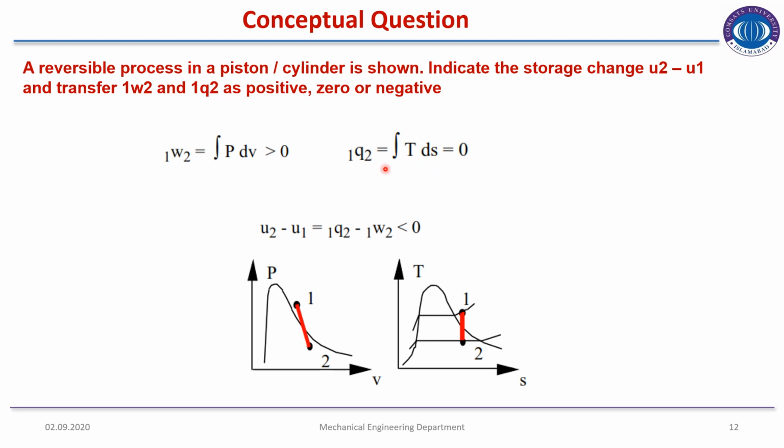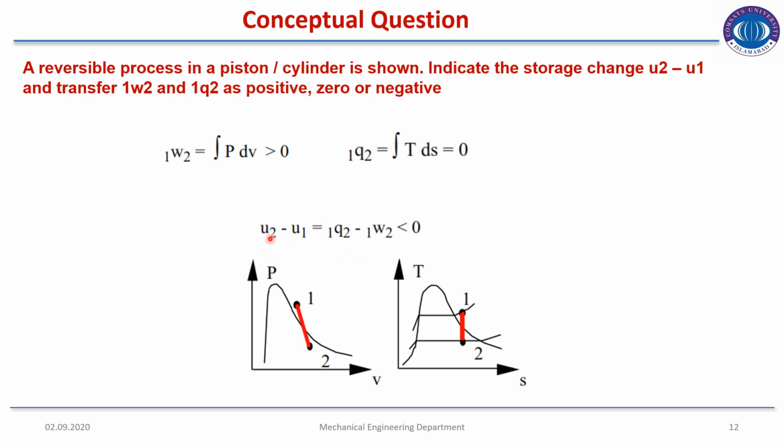Next, to calculate heat transfer, Q1 to 2 is the integral of T ds. As it is an isentropic process, the entropy is constant, therefore ds is 0 and Q1 to 2 is also 0.